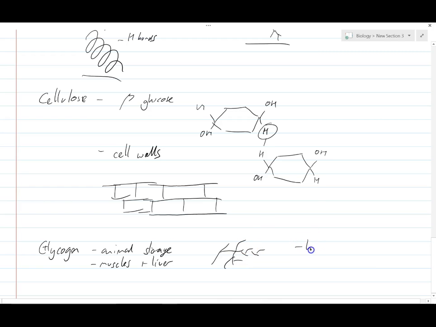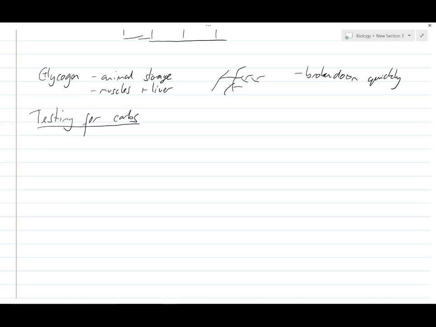Okay, it can be broken down quickly, which is good if you're running low on blood glucose. Actually gets broken down to glucose by an enzyme, glycogen phosphorylase, but you don't have to know that. So that is glycogen.